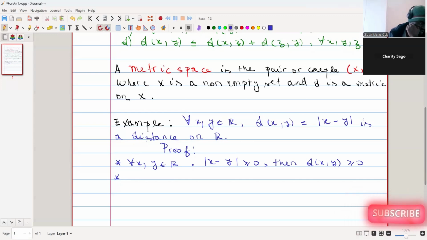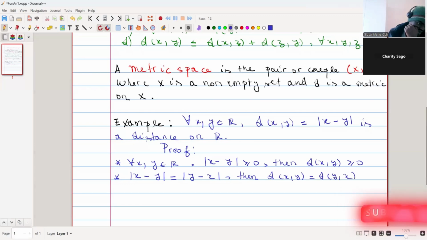We also know that the absolute value of x minus y is equal to the absolute value of y minus x. So the absolute value is symmetric. Then the distance between x and y is also equal to the distance between y and x.